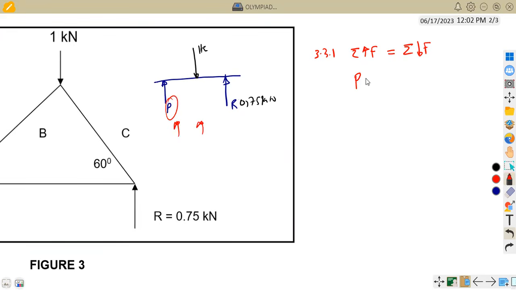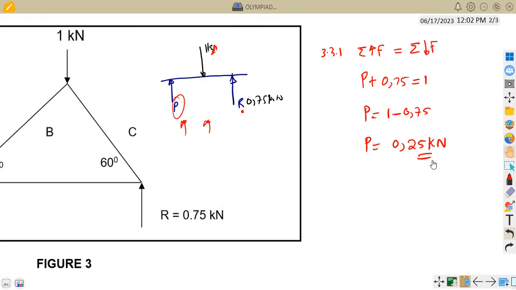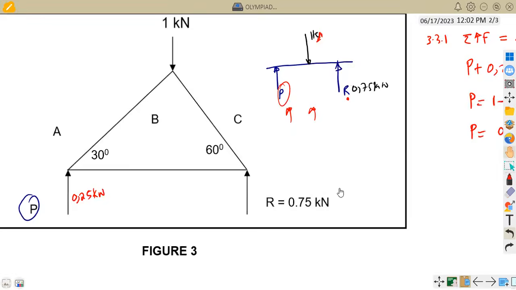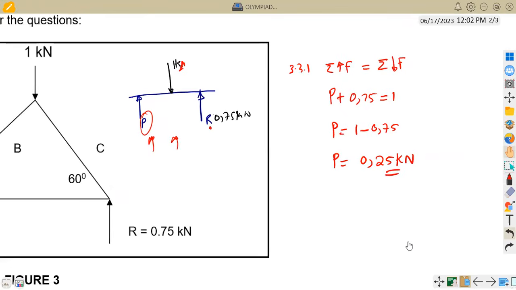That means P plus the other support R, which is 0.75, must be equal to 1 kilonewton, which is the downward force, the one that is facing down. So our P is going to be 1 minus 0.75, which gives us 0.25 kilonewton. All right, so that is how we could have calculated P in this case. That's 0.25 kilonewton. All right, so that was question 3.3.1 from this diagram.